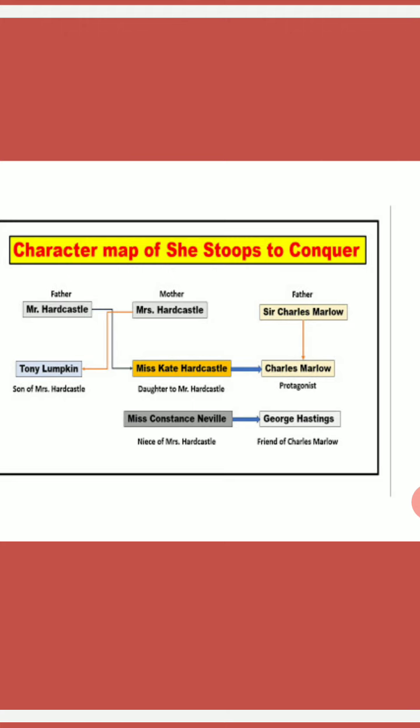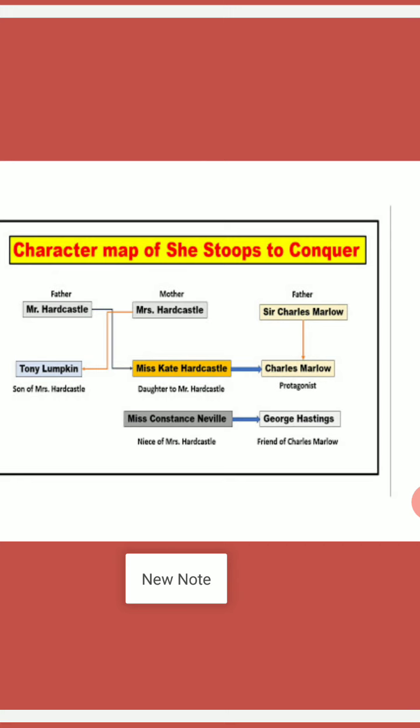Then Sir Charles Marlowe, father of Charles Marlowe, young Marlowe, who is the protagonist in this drama. Then the next two characters, Miss Constance Neville, niece of Mrs. Hardcastle and cousin sister to Tony Lumpkin, and even Miss Kate.